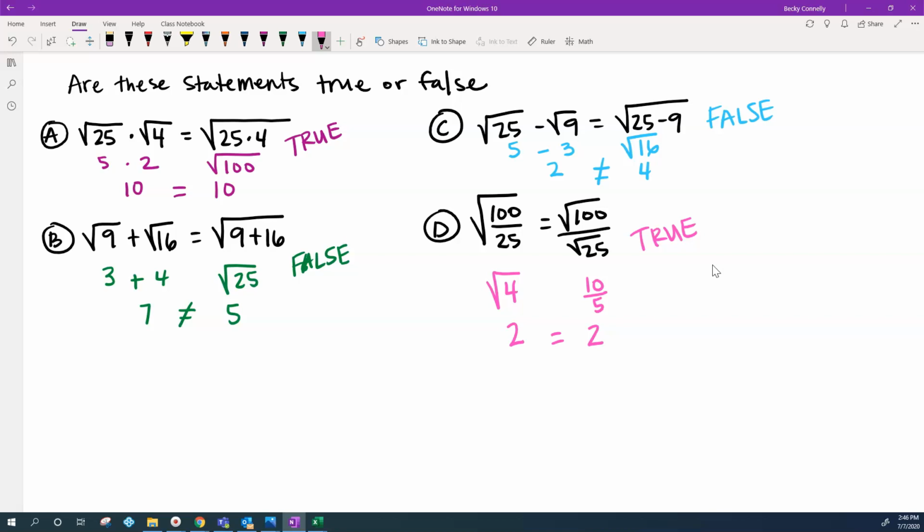And I would say that's one of the most common misconceptions that I see when we're doing this chapter, is that students try to take the square root of 9 plus 16 and break it up into the square root of 9 plus the square root of 16, right? But you can't do that. So just watch that closely. You can do that for multiplication, you can do that with division, but not add and subtract.